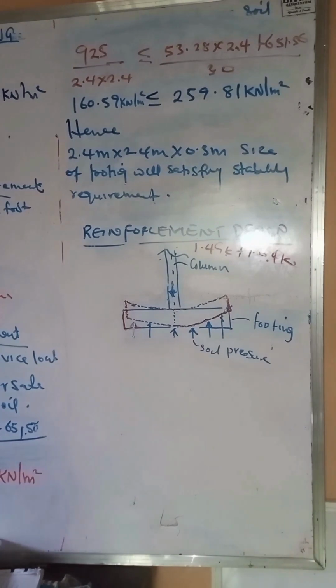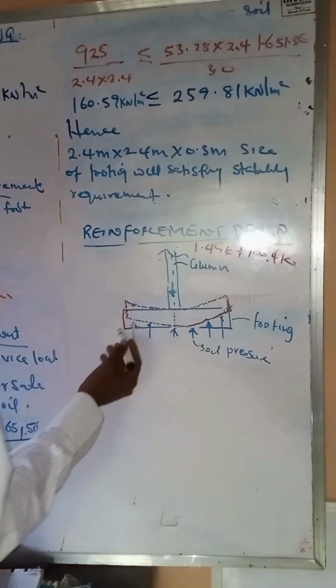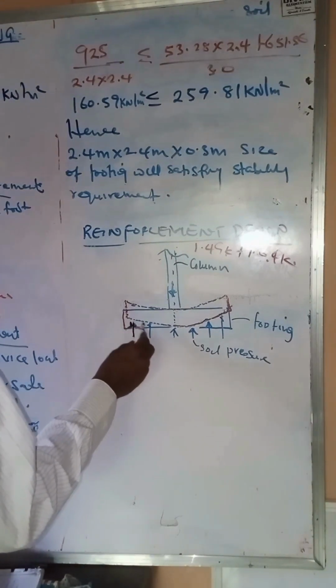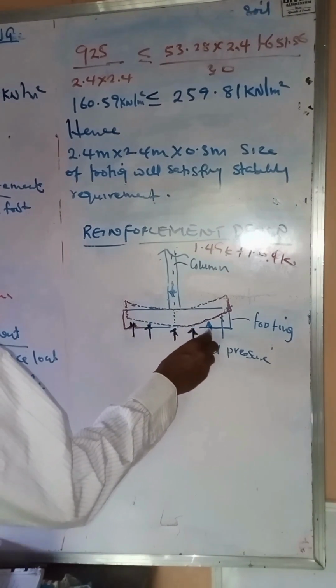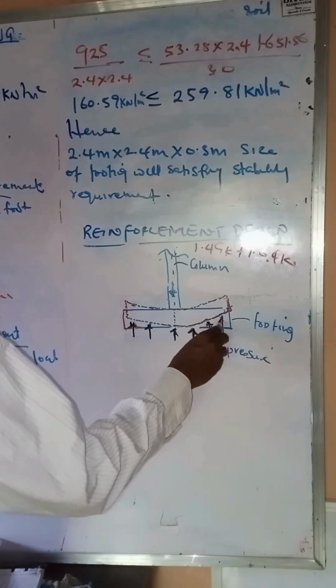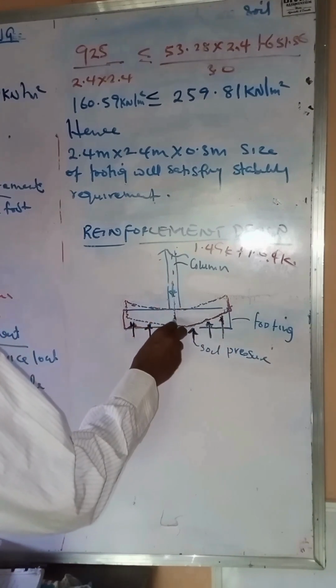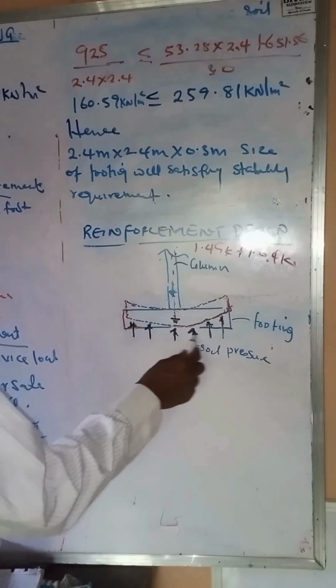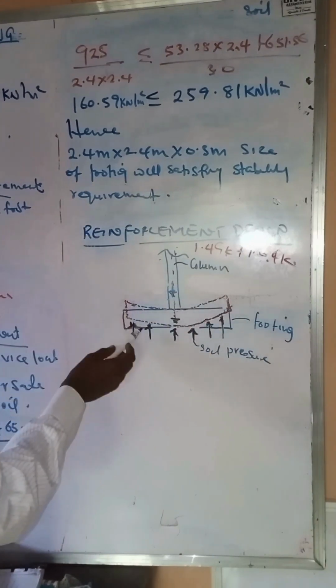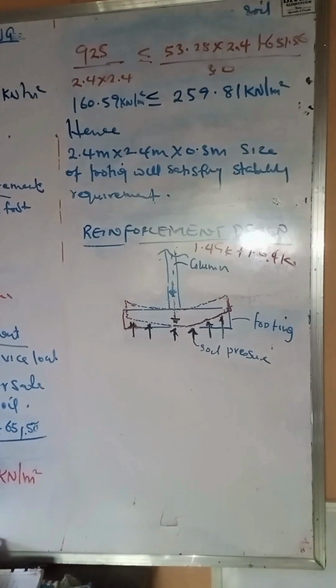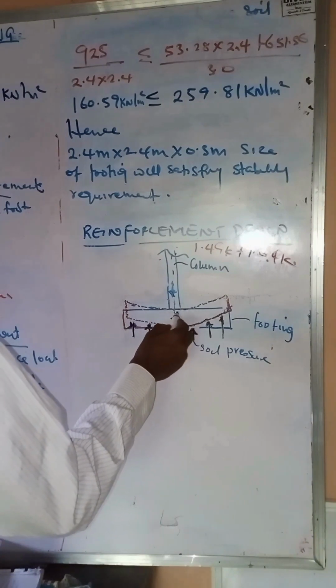So that pressure that is acting on the footing is what is known as the base reactive pressure. These are pressures from the soil acting against the footing. As the pressure from the column presses down, it causes a what? An upthrust force in this direction. Okay, so we're going to have the load acting at this point to work as a cantilever.